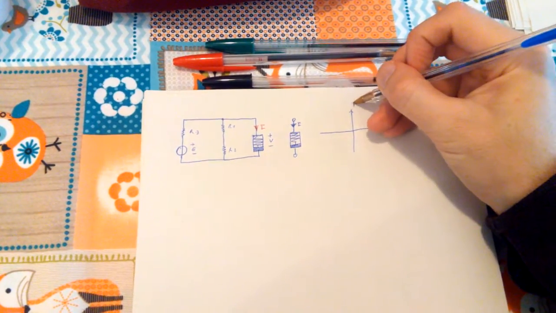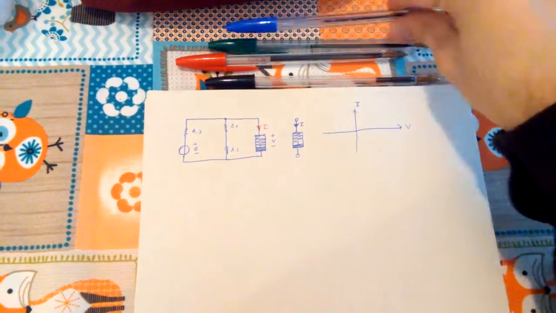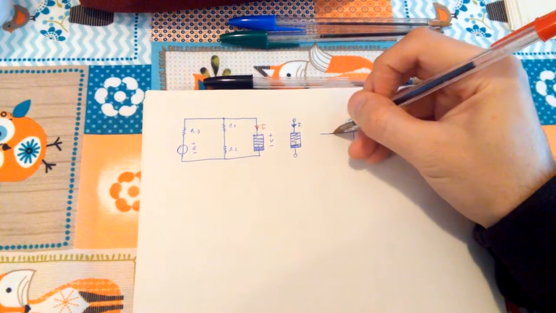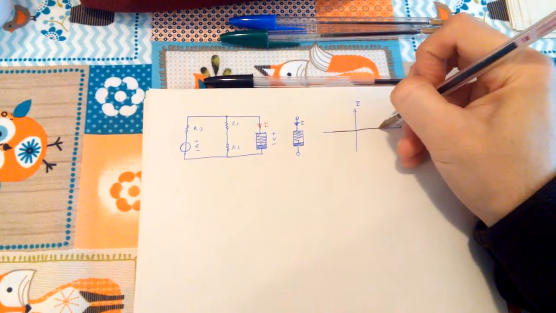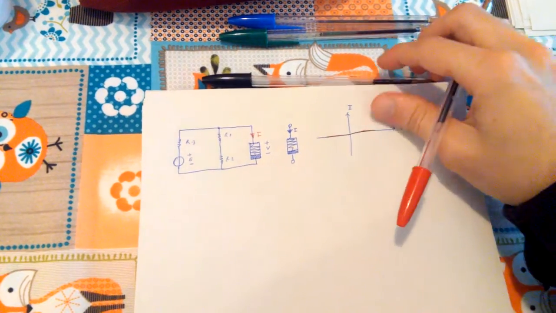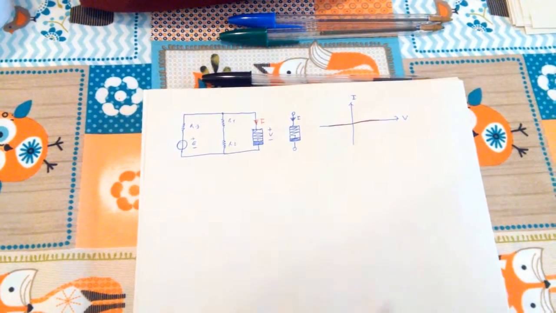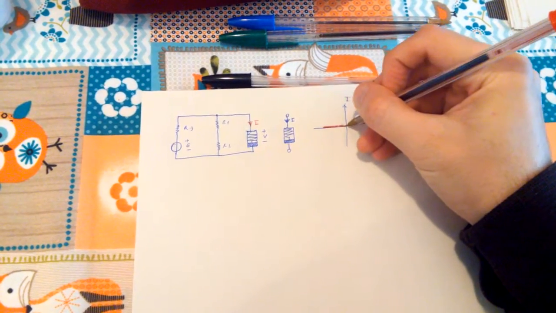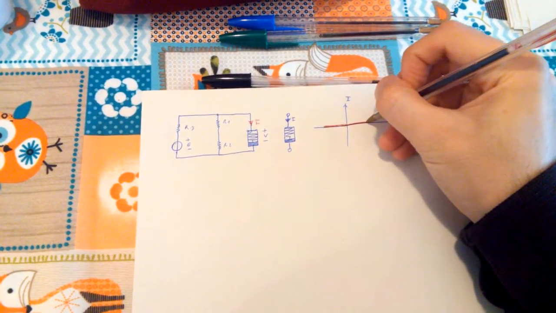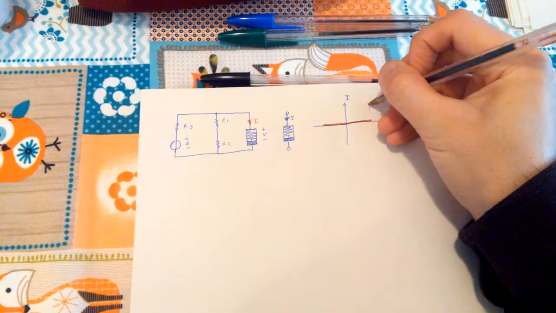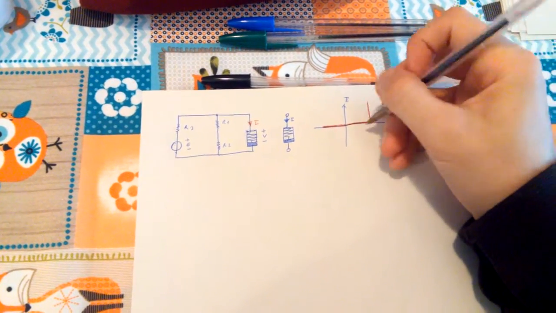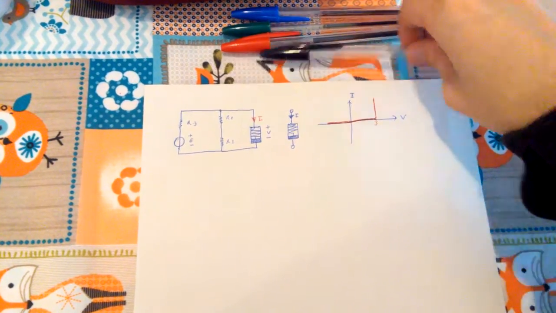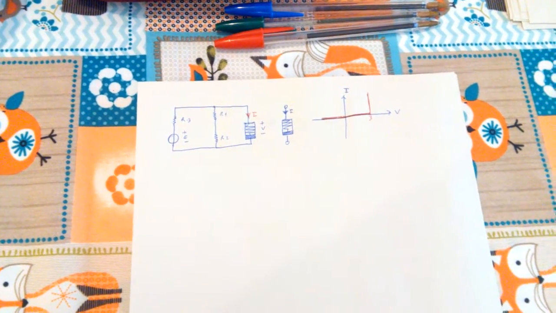The IV characteristic of this component is, can I get the red pen to work? Yeah, there we go. And then all the way up to this, and this one is 3. This value is 3. So what is the problem saying?